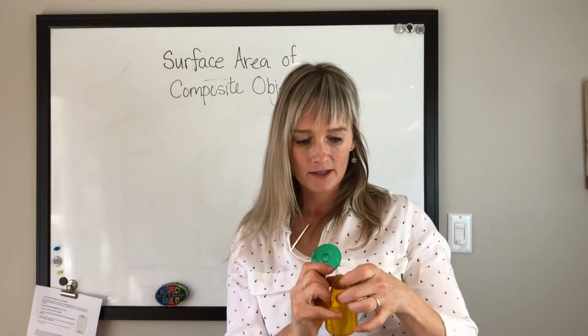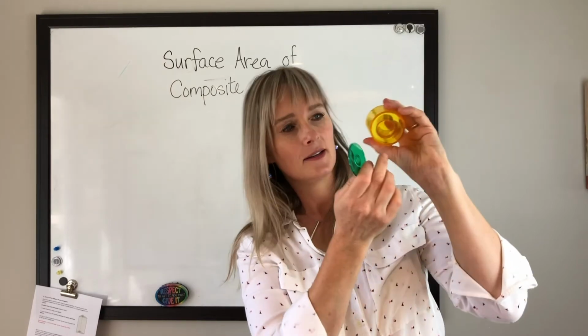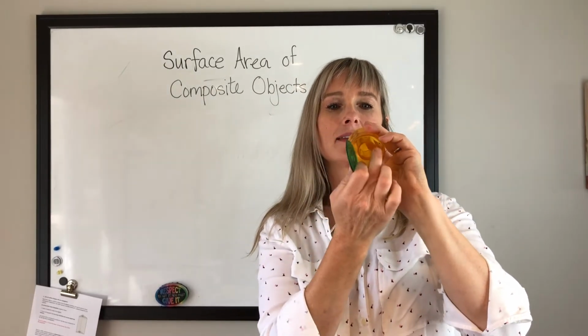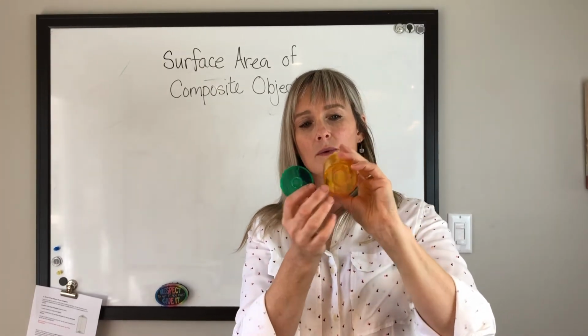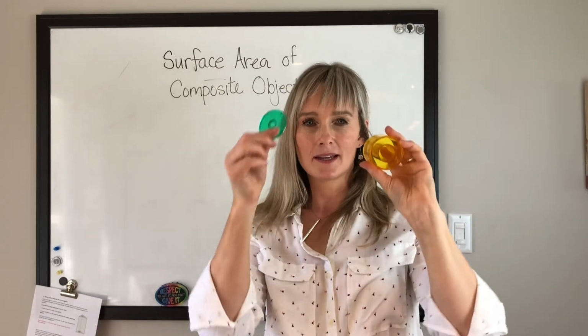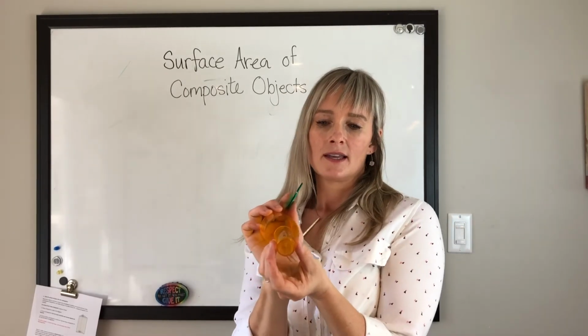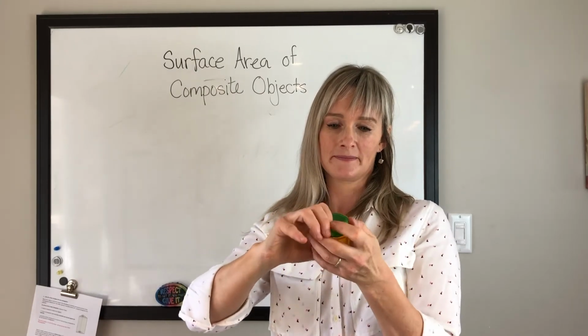Because the green part, if you look at it like this, and you imagine, it's just going to be the top of the small cylinder and this part of the larger cylinder. So if we were to put those together, what do you get? This.